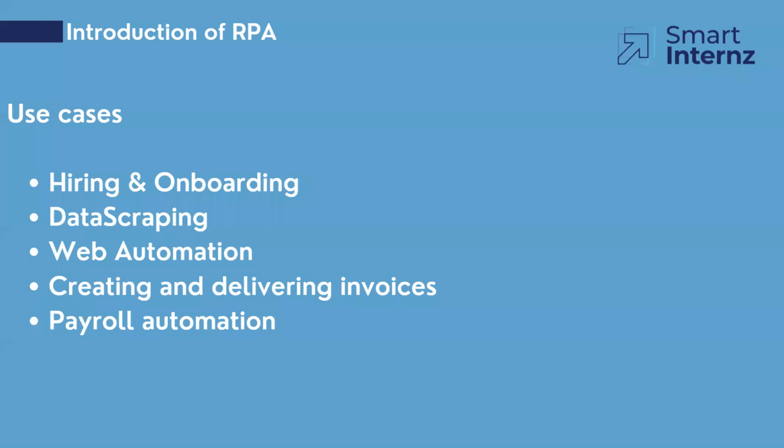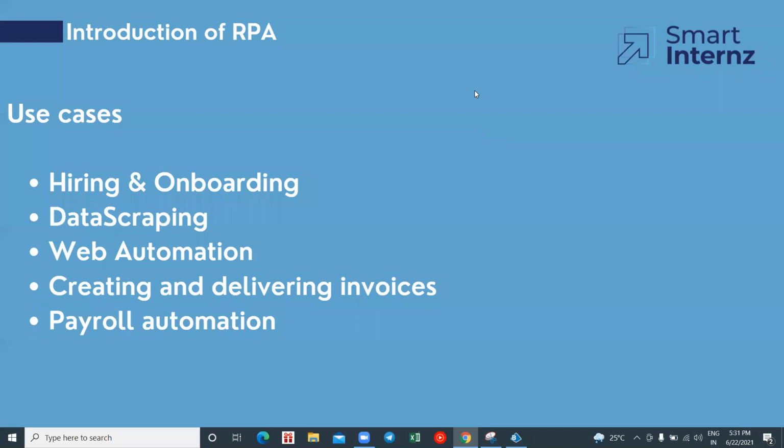So now, I have listed down some use cases here, which are hiring and onboarding, data scraping, web automations, creating and delivering your invoice, and payroll automations. Okay, these are some real-time use cases which you generally see.